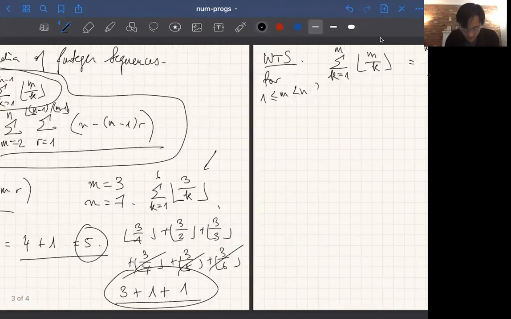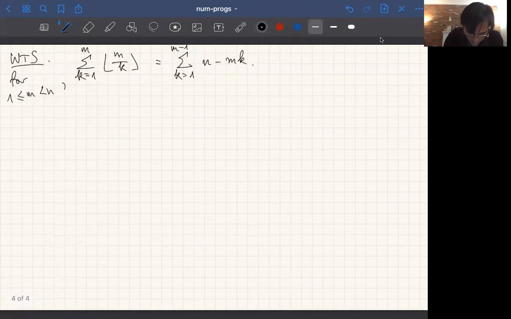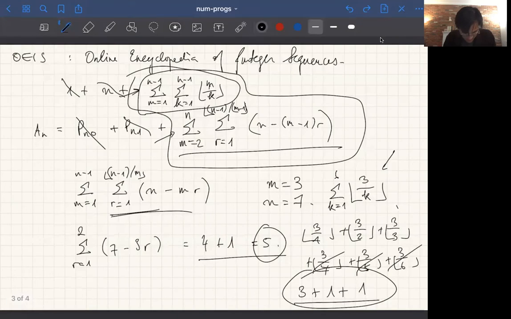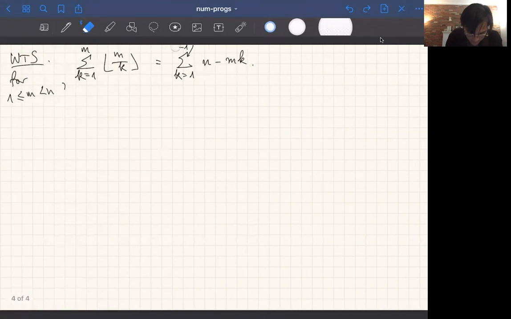Did I miss a floor somewhere? It's m minus 1 over, what is it? M minus 1 over, there's an n here. So this is n. This is n minus 1, 1 over k.